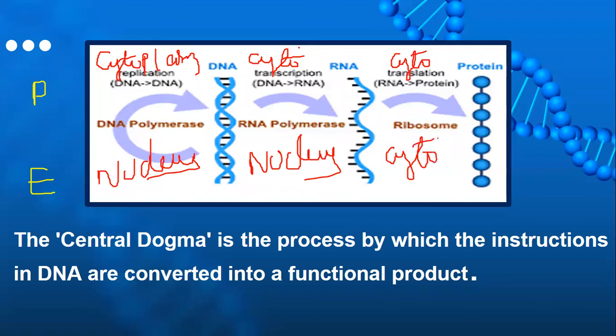What is the reason? Because in prokaryotes and eukaryotes, if proteins are to be synthesized, we require a lot of factors and a lot of enzymes. All those enzymes and factors are present in the cytoplasm only. That's the reason protein synthesis takes place only in the cytoplasm, whether prokaryotes or eukaryotes.